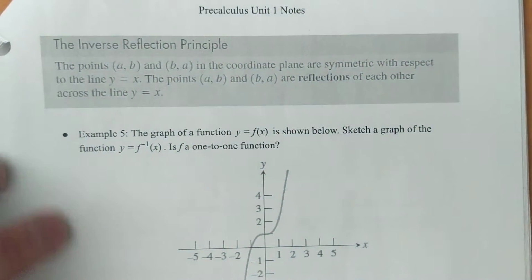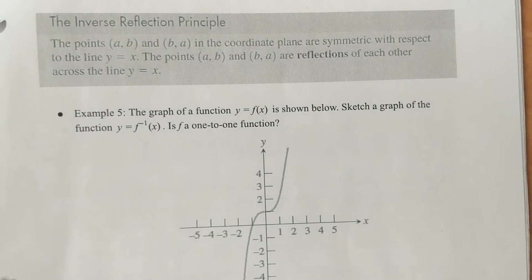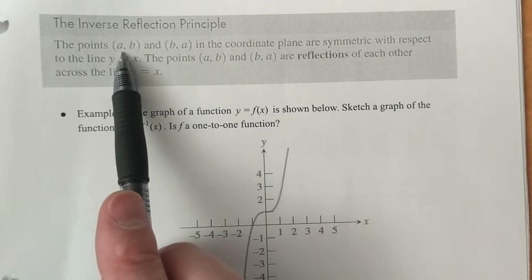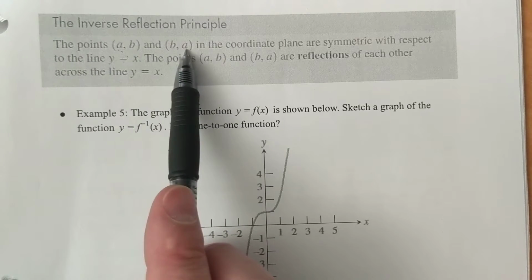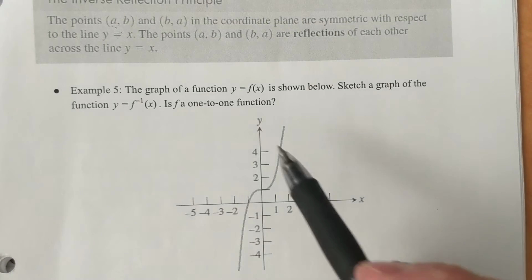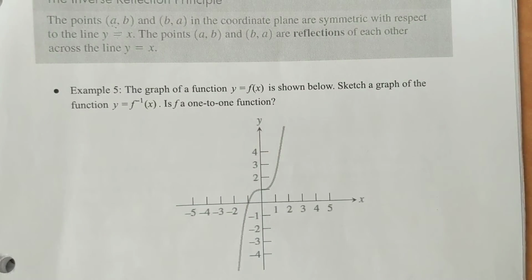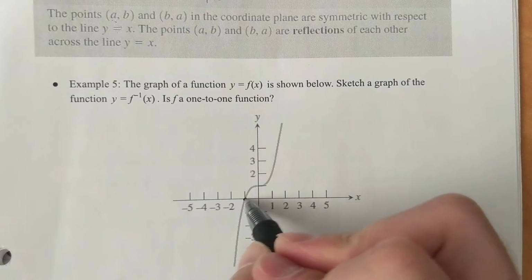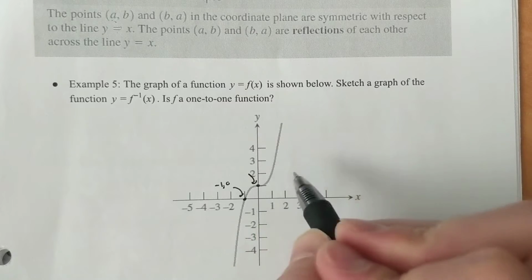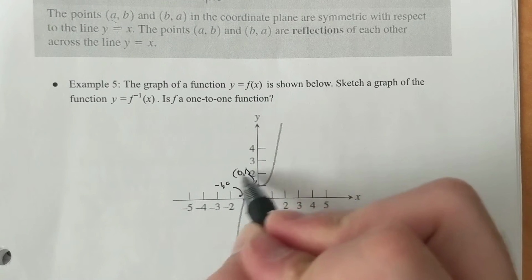Okay, example 5 just refers to it in terms of a graph. This is just using the fact that you flip the x and y values. So the x becomes the new y, y becomes x, and so on, which is the same thing as reflecting across the line y equals x. So here, if you look, there are these 2 points. That point is at negative 1, 0, and that point is at 0, 1.